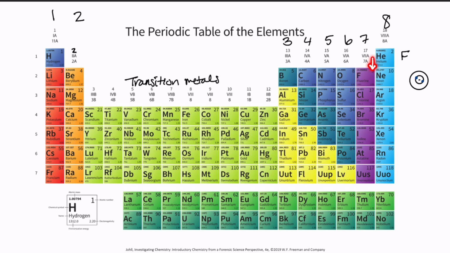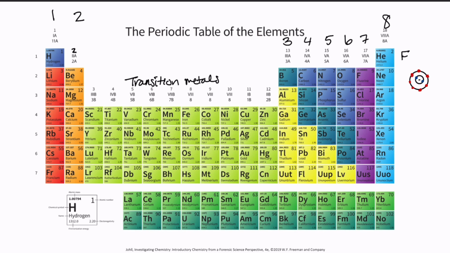And then you can figure out how many electrons you have based on your charge. Now, fluorine doesn't have a charge. I have 9 protons, which means I must have 9 electrons. If I already put 2 in my first energy level, that must mean I have to put 7 in my next energy level to give me a total of 9 electrons.